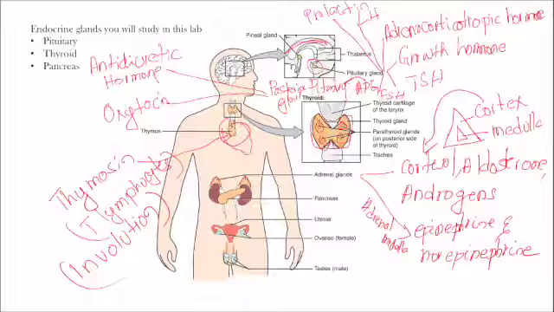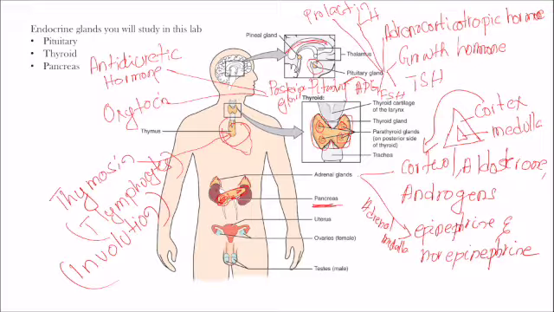Then this structure over here is the pancreas. The pancreas has a head region, body portion, and tail portion. This particular gland can act like an exocrine gland and an endocrine gland. We study exocrine in ANP1.